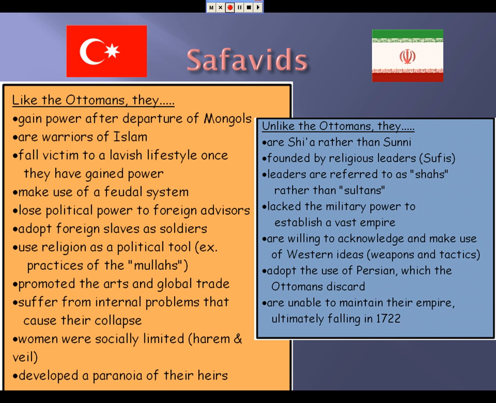It doesn't cause a huge difference, but the early Safavid rulers were religious leaders rather than military leaders. So that colors the character of their empire a little bit. But again, they both become so interested in expansion that their societies become fairly militaristic anyway.